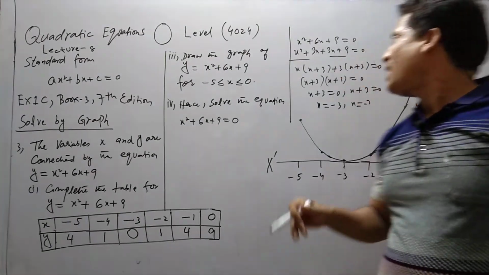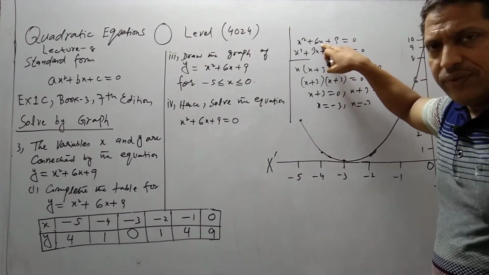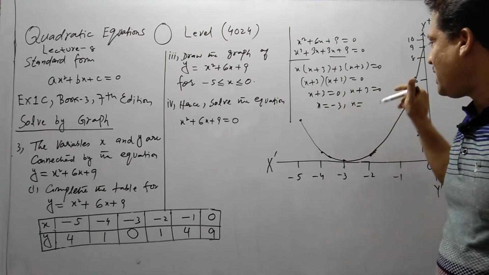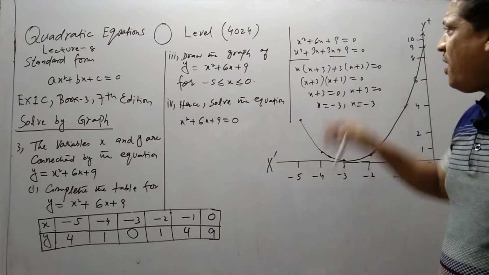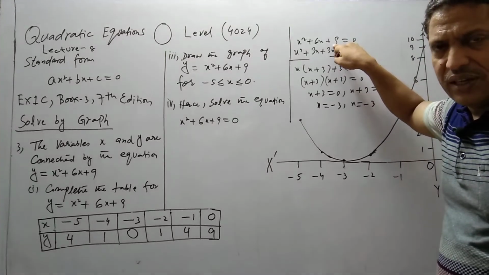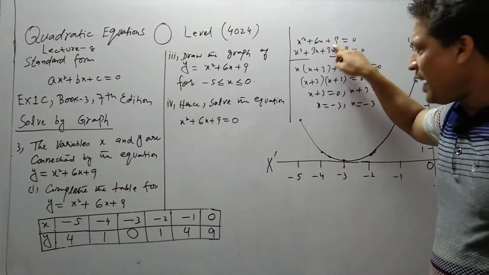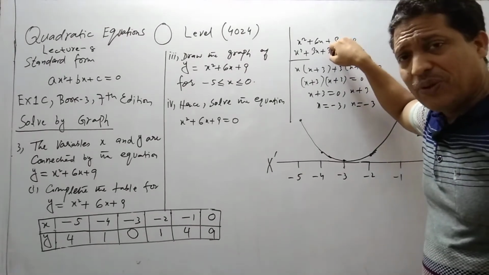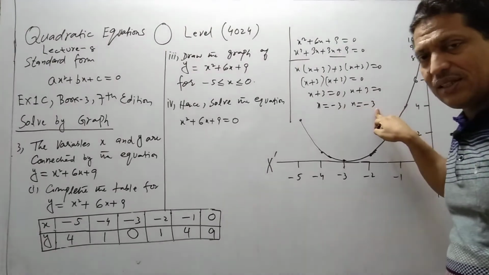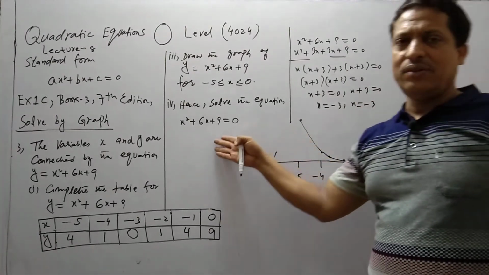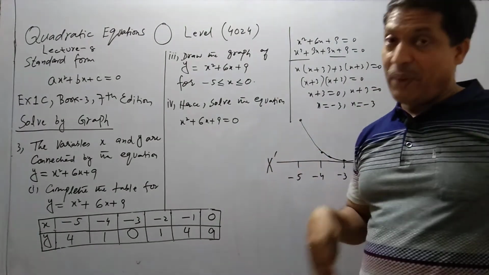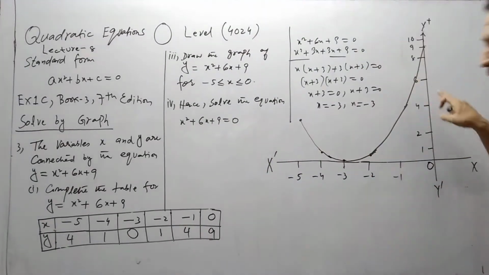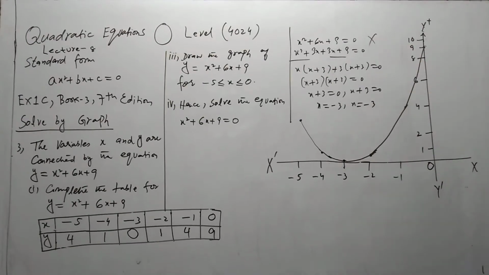I solved this question by the method of factorization and got two values, minus 3 and minus 3. If I solve this equation by completing the square, again I will get the same answer. If I apply the quadratic formula, again I will get the same answers. And right now the requirement of the question is to solve this equation by your graph.